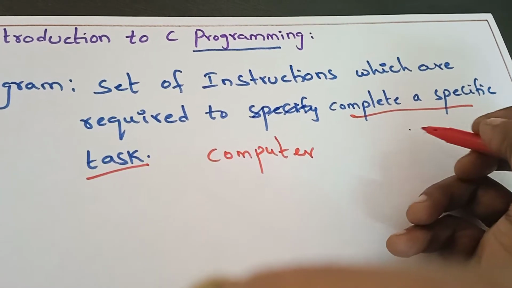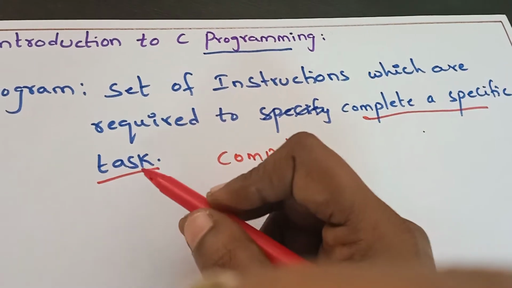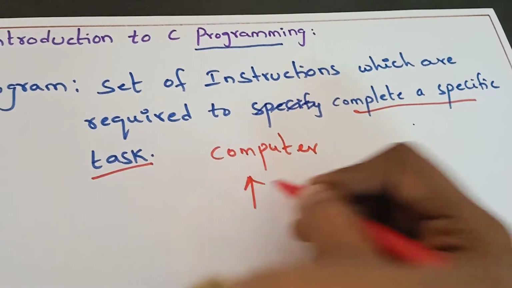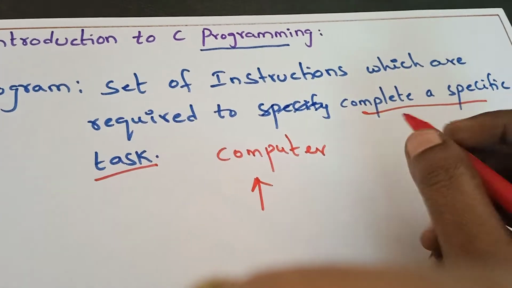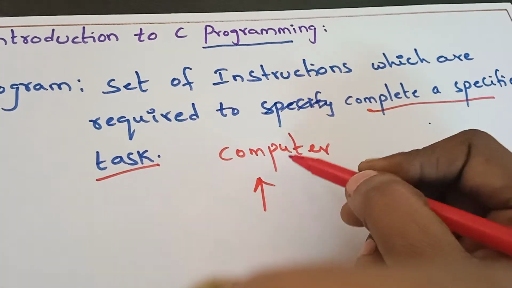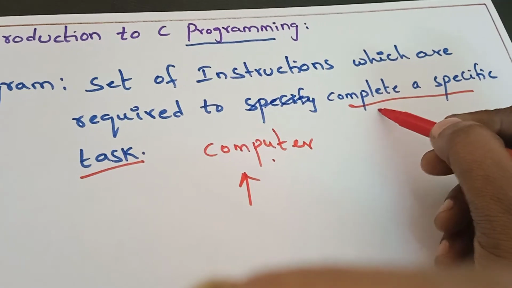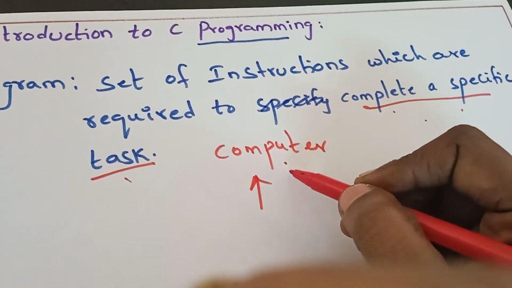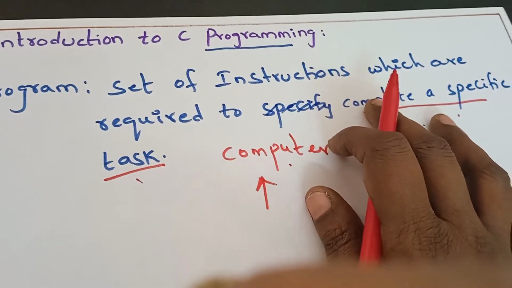So how will we execute or finish this task? By giving a set of instructions to the computer. By giving a set of instructions to this computer, we can complete any specific task. Now, how will the computer take a set of instructions?